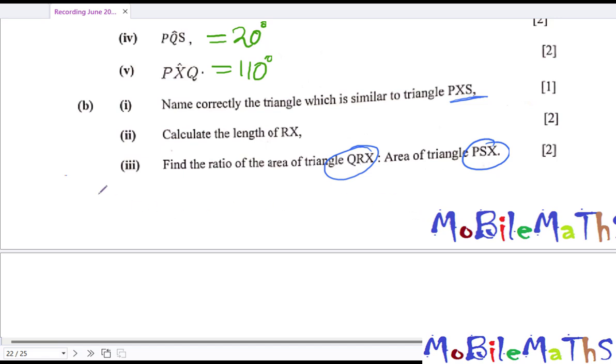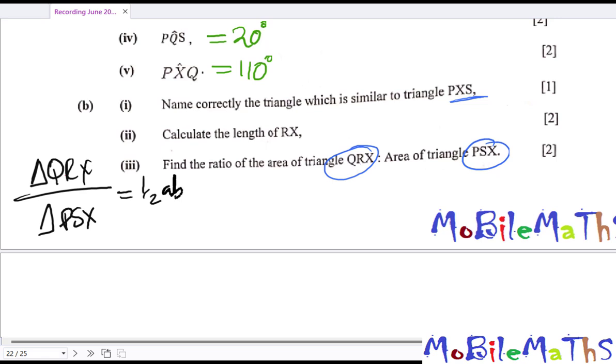We can say triangle QRX over triangle PSX. Then we use half AB sine theta divided by half AB sine theta again.